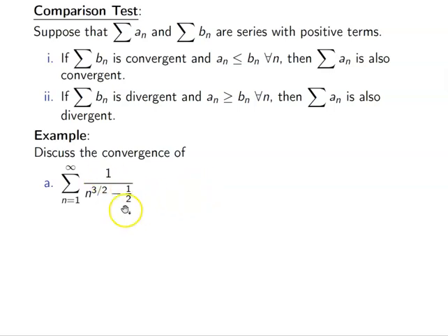If I had just 1 over n to the 3 halves, would this always be less than or equal to that second series? I don't know. Let's look at it. If I compare this to just 1 over n to the 3 halves, the denominator would always be smaller.